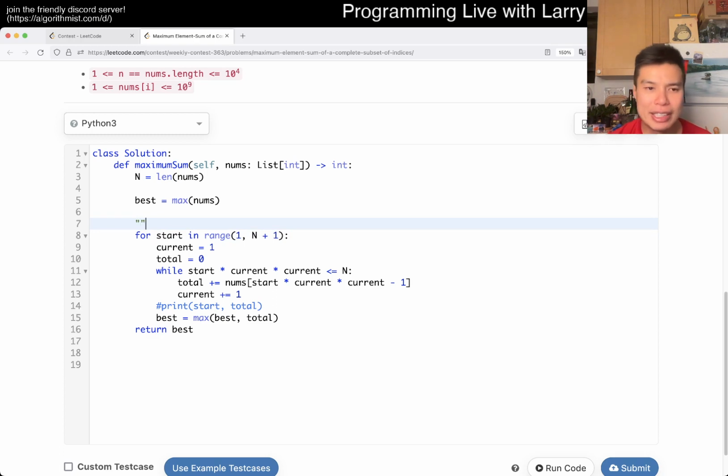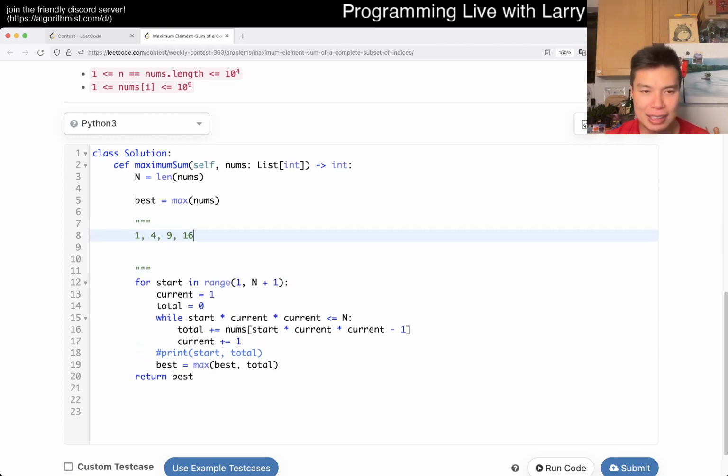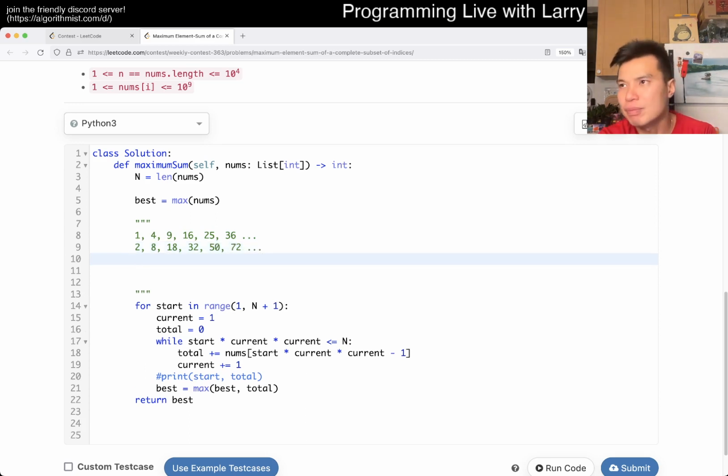The idea here is that the first one's going to be 1, 4, 9, 16, 25, 36. The next one's going to be 2, 8, 18, 32, 50, 72, right? So the idea here for me is that I don't know the exact complexity per se.